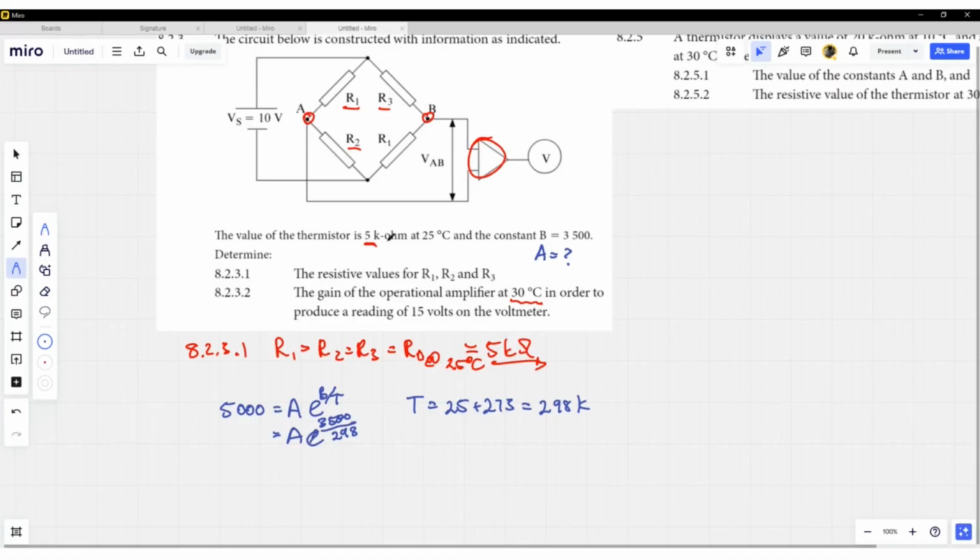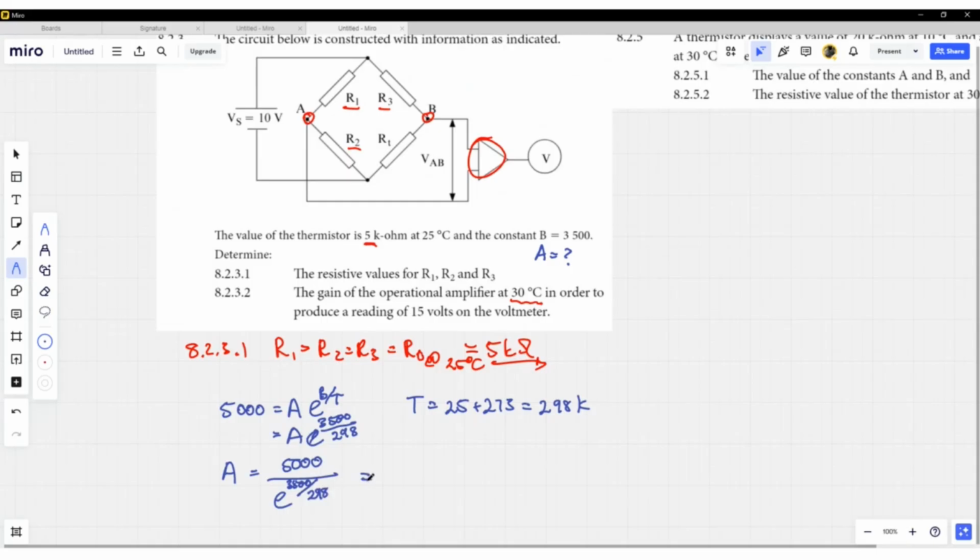And then at 30 degrees C, okay, so we actually have enough information there to calculate A. And so it's going to be 5,000 divided by e to the power of 3,500 over 298.